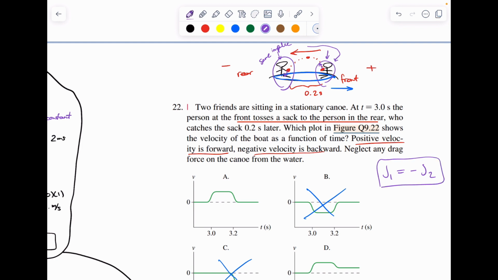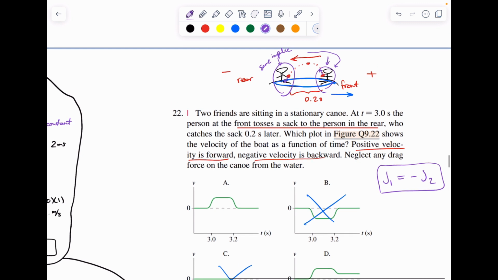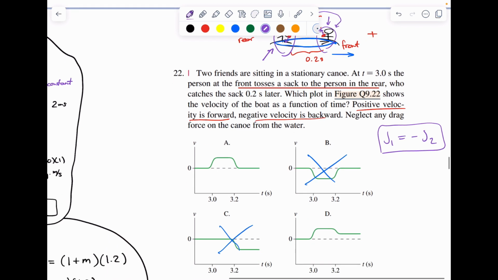And if that's the case, the momentum gained by the boat after throwing the ball should be perfectly canceled out with the momentum lost when this friend over here catches it. So it is answer choice A. But you have to sort of think through all of those things.